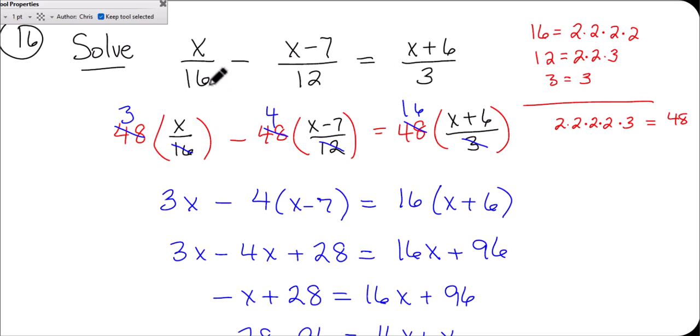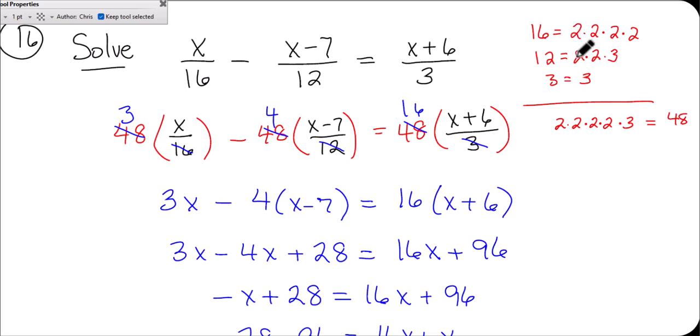Well, let's see. Prime factor all of the bottom parts. 16, 2 times 2 times 2 times 2. 12, 12 is 4 times 3, but 4 is 2 times 2. Well, 3 is 3. To find out what to multiply by, let's see. We have 2 as a factor.